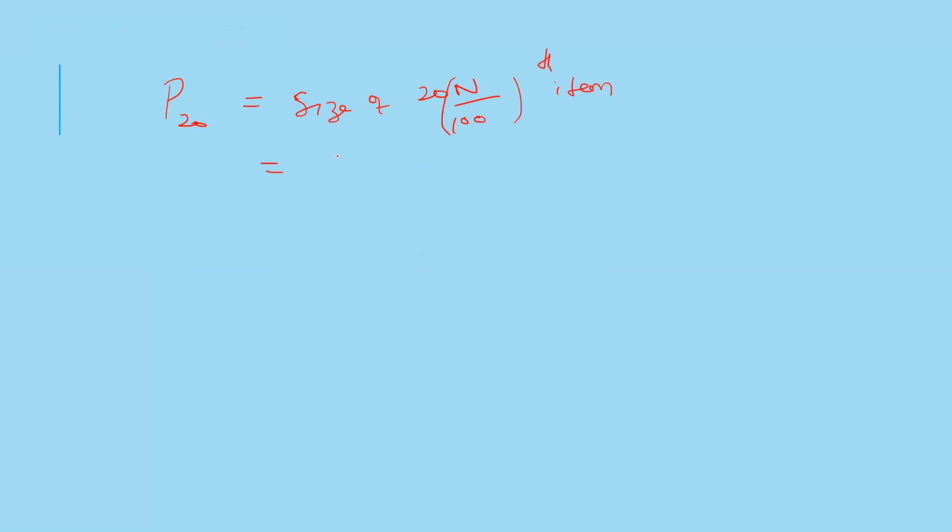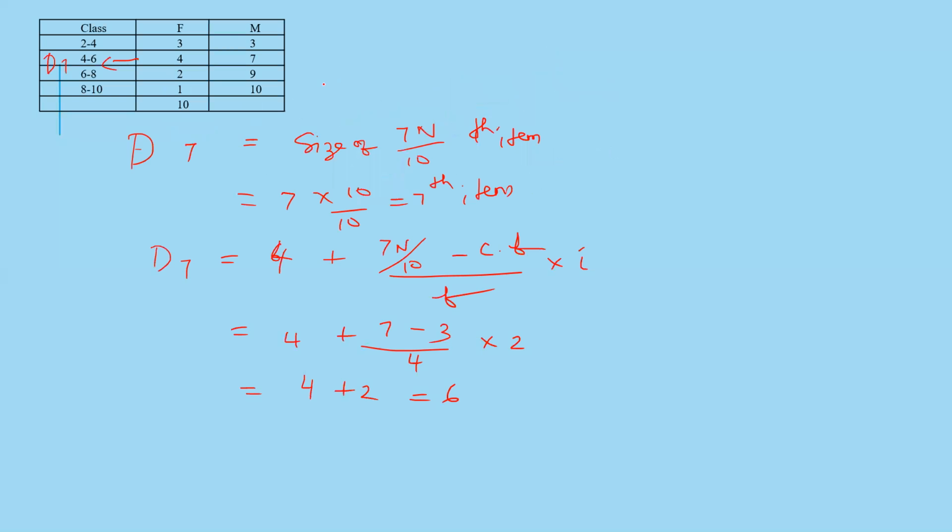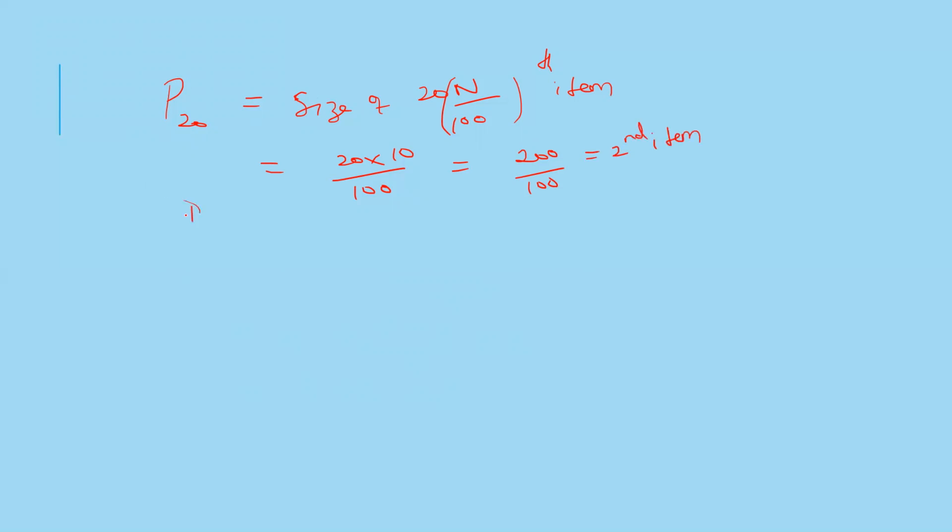We already know n is 10, so this is 200 by 100, which is equal to the second item. Let's go to the previous slide. You can see that this is the cumulative frequency. The second item lies in the 2 to 4 class. So P20 lies in the 2 to 4 class.